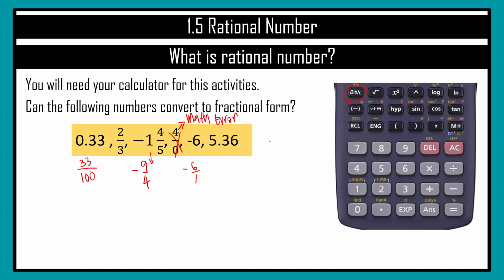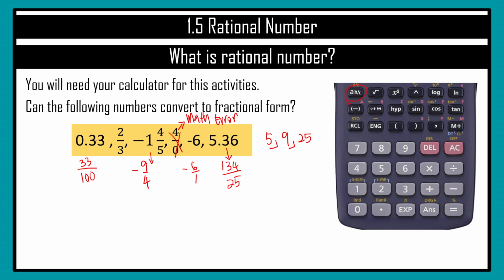You should see 5, 9, and then 25. To get an improper fraction, press shift and then the fraction button again. You should get 134 over 25, so I can convert 5.36 into the fractional form 134 over 25.